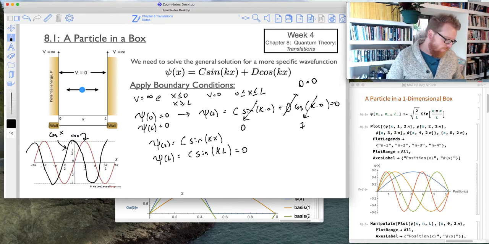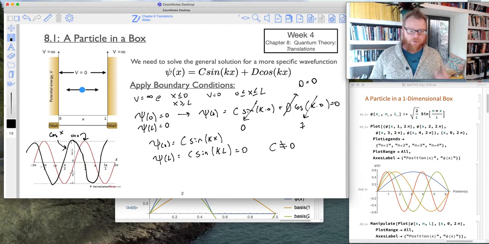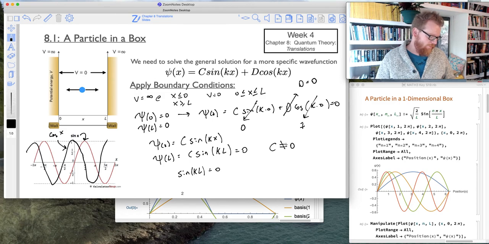Further, we know this c constant cannot be equal to 0, because we have to have this normalization constant there. So how do we solve this, sine kL equals 0? Well, we can say that the sine of k times L has to equal 0. I don't need to worry about my c coefficient, my normalization constant.